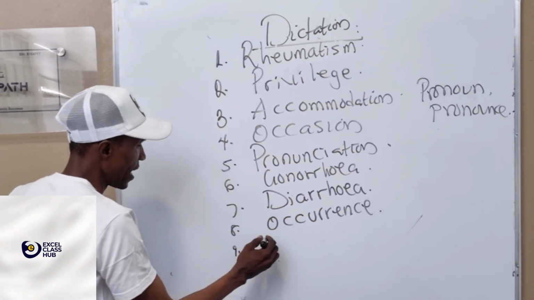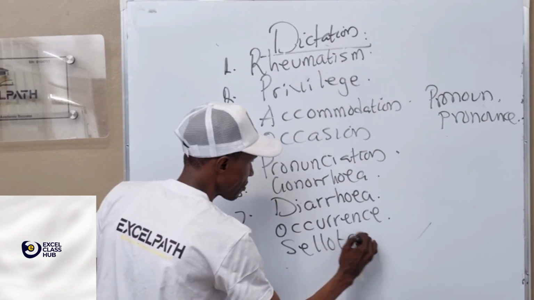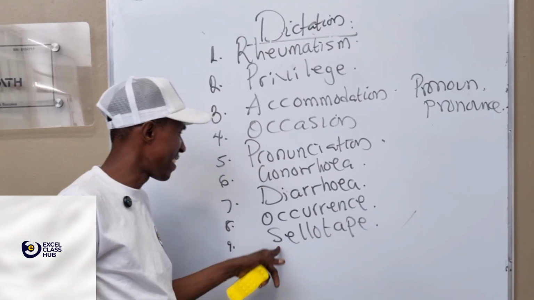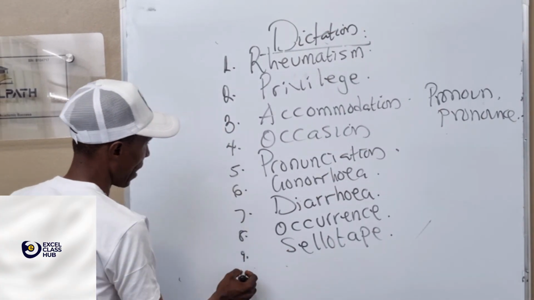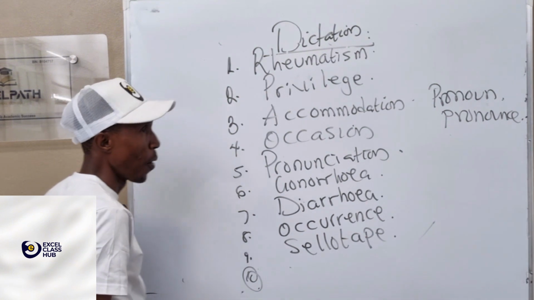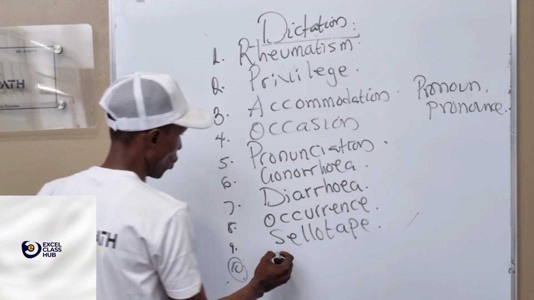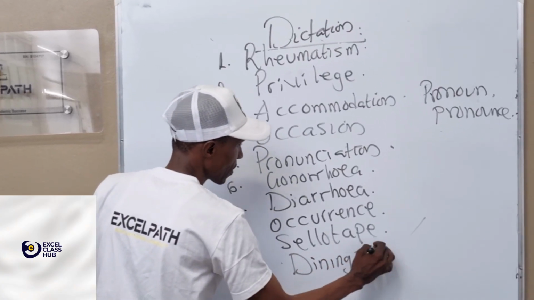And number 9 is the word sellotape. We have what? Not C. It is S, not C. And finally, number 10, which most students find difficult. But please take note that the correct spelling of dining is this.